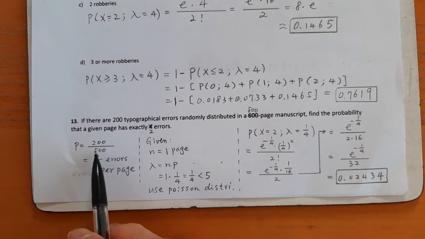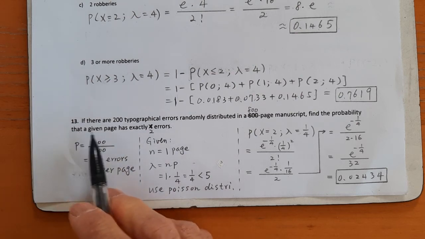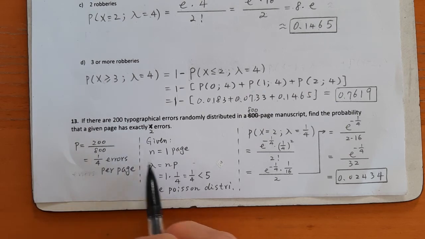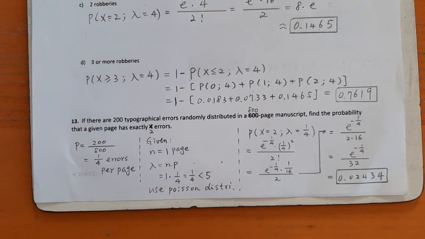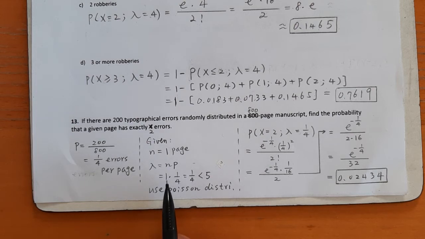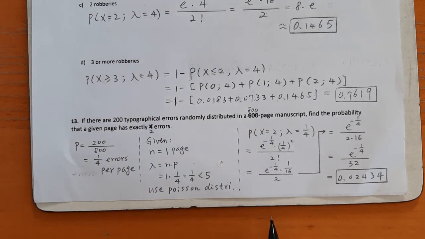It's 200 over 800, so it's 1/4 error per page. That's p. And here, find the probability that a given page, so n equals 1 page, has exactly 2 errors. So we're looking for x equals 2.